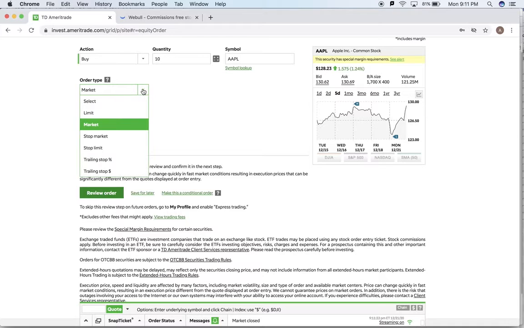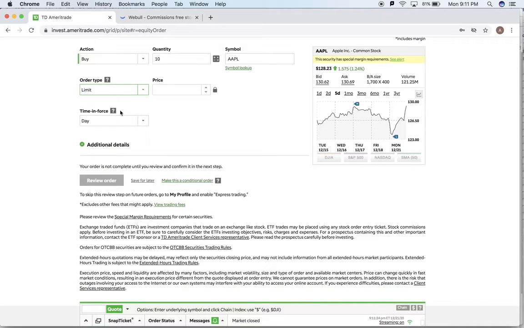If we were to change that option to limit, then we would be required to enter a limit price that we actually want to buy at. Whereas with market, we're buying at whatever the price is at market. So let's say I want to buy it at the limit price of 129, for example.